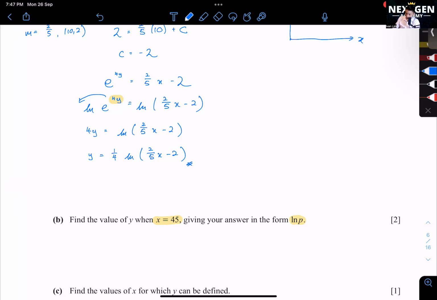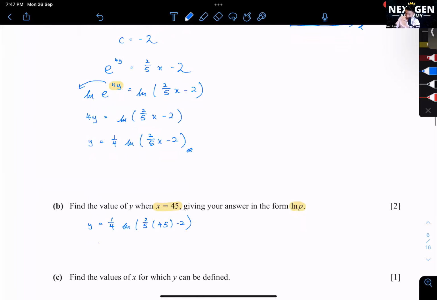So we substitute x equals 45 into the equation that we found. 2 over 5 times 45 minus 2, you get 1 over 4 ln 16. Then we use the power rule. So y equals ln 16 to the power of 1 over 4, which will give you y equals ln 2.